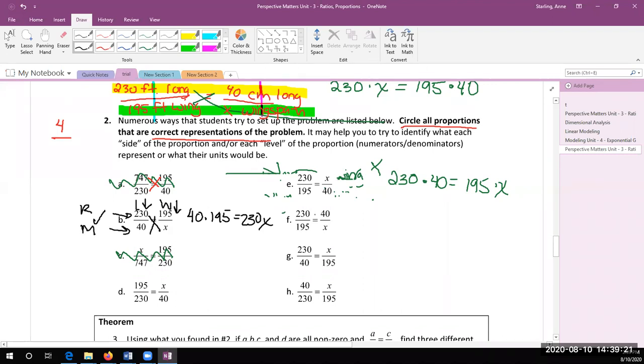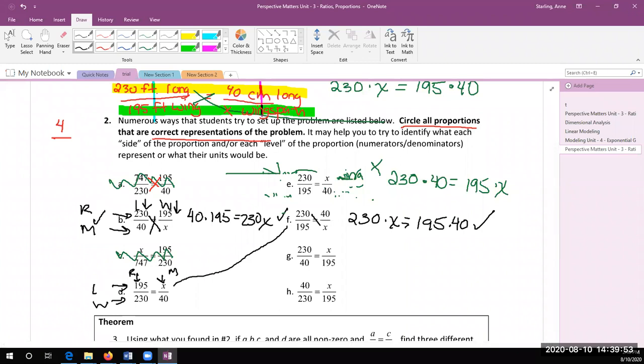So it works in terms of labeling. Over here, I get 230 times x equals 195 times 40. Correct cross product, so that works. That was the same one I had up here. And then these other ones are if you flip them. So at any point, you can flip both fractions. So F and D are just flipped, in which case the labeling still works because this is the real one, this is the model, this was the length, this was the width, just flipped.